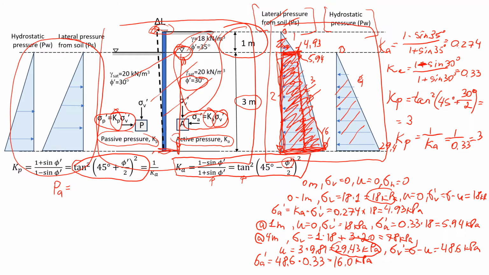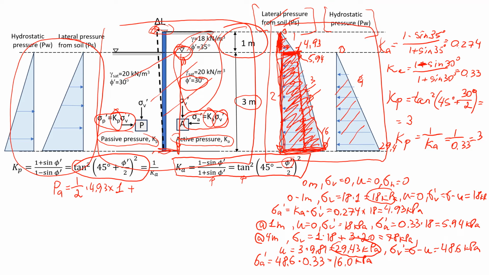We'll start with the first top layer of 1 meter. So it's half of that pressure at the bottom, which is 4.93, times the length of this triangle, which is the thickness of this top layer, 1 meter. Now for the second layer, when we look at the lateral pressure from soil, we use half of the top and bottom values.